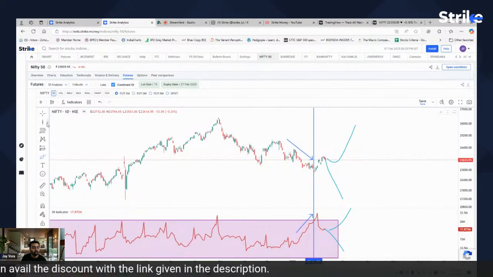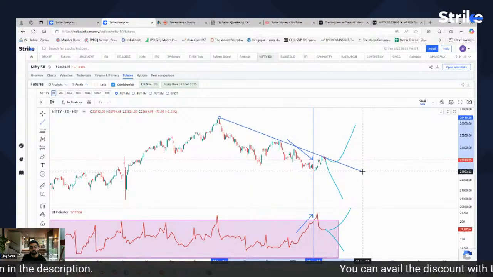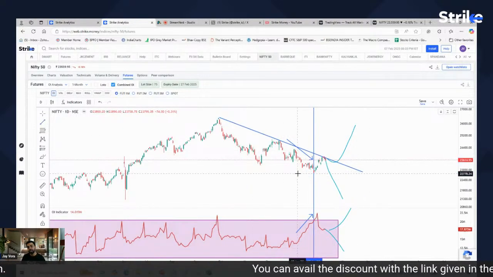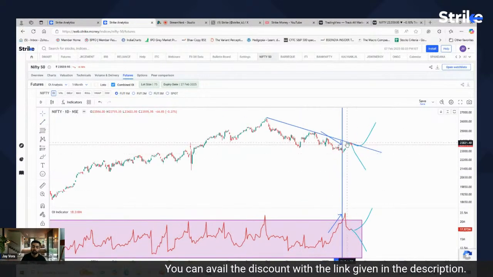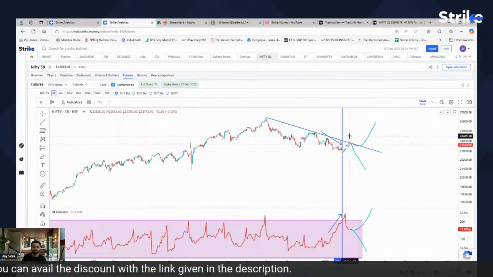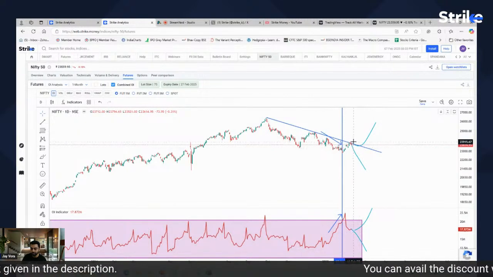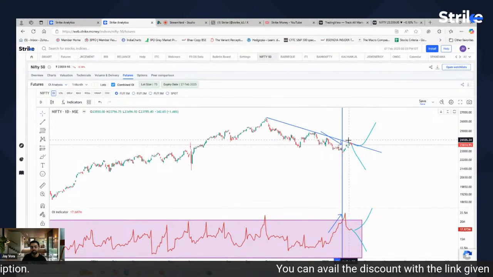But for that, the first thing that I would watch out for is whether the channel breakout is happening or not, because it is struggling at the upper end of the channel. So we are at a very critical point. If it breaks on the upside, then you will see a lot of open interest unwinding, and that can lead to a good fillip on the upside for the Nifty index.